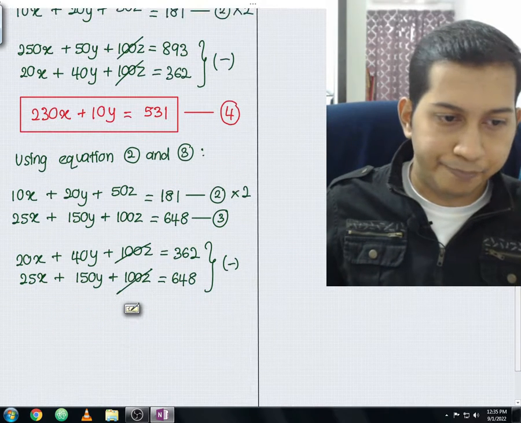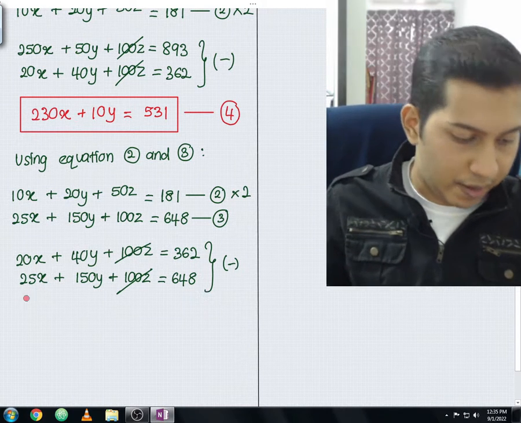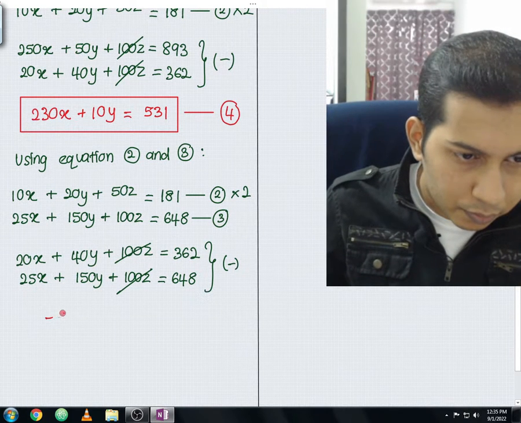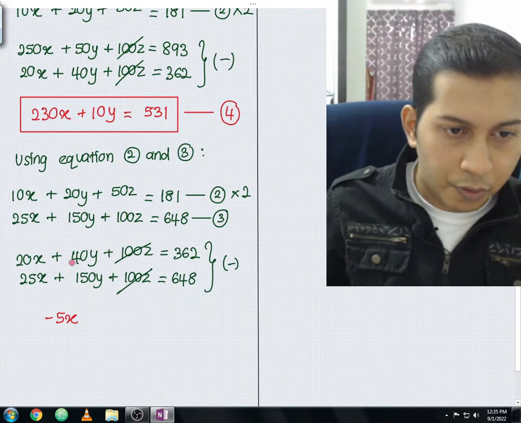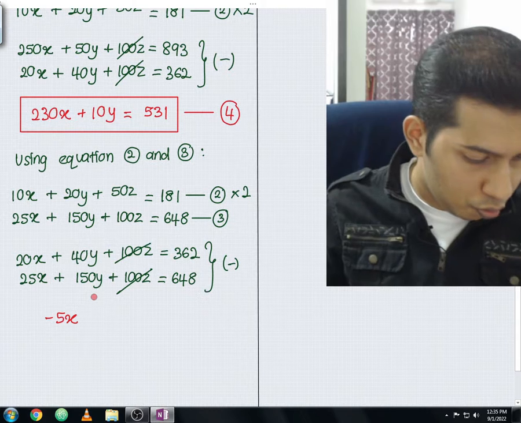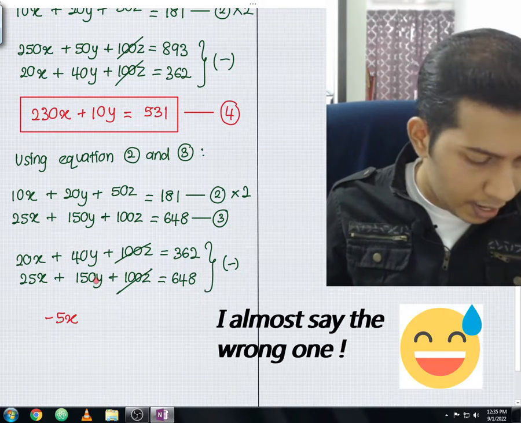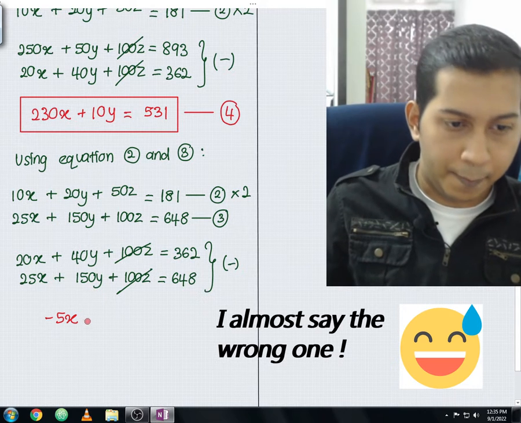From here 20x minus with 25x, you get negative 5x. 40y minus with 150y, you get negative 110y.